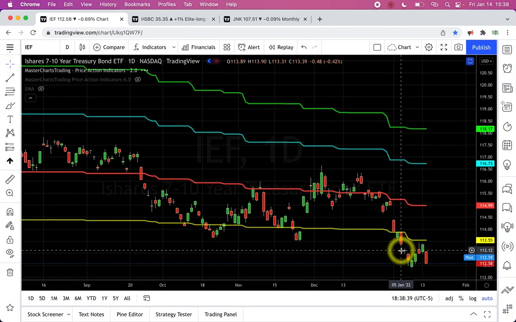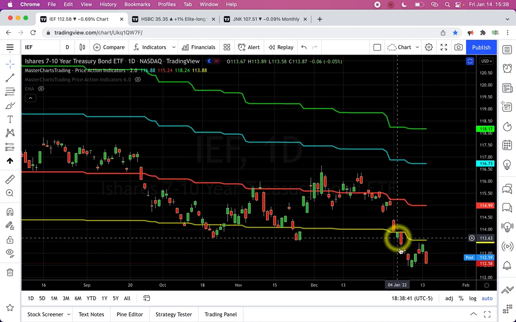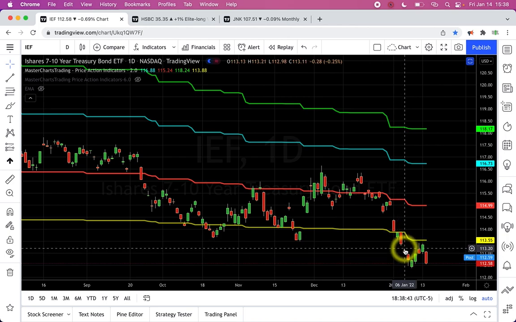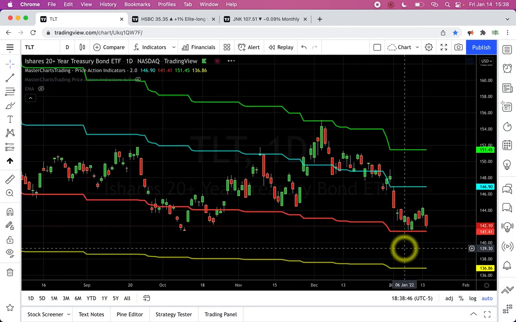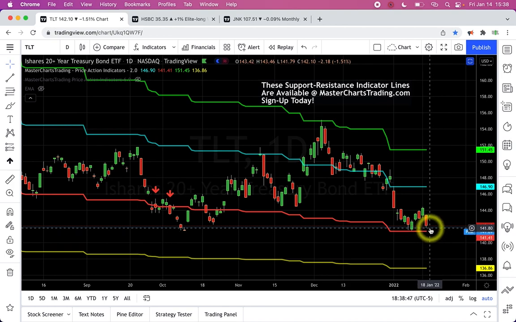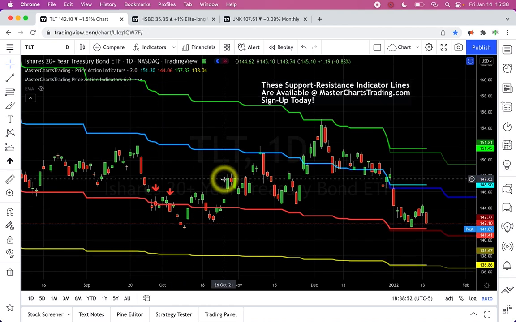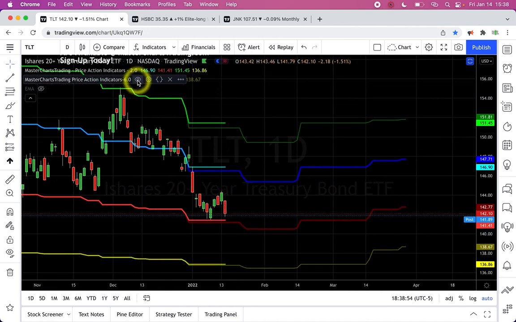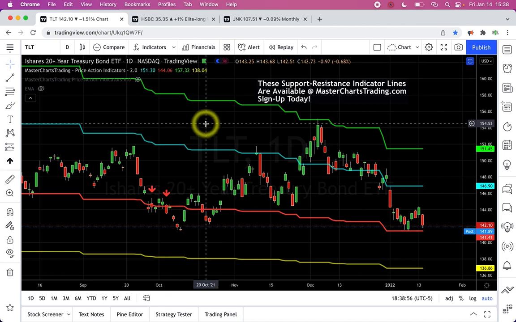The 10-year treasury bonds already did that. You can see they broke down already. So we will see what happens, but right now bonds do not look good, and it does make sense because of the way the Federal Reserve is behaving. It looks like they're going to raise the interest rates, which will be bad for prices of bonds, generally speaking.